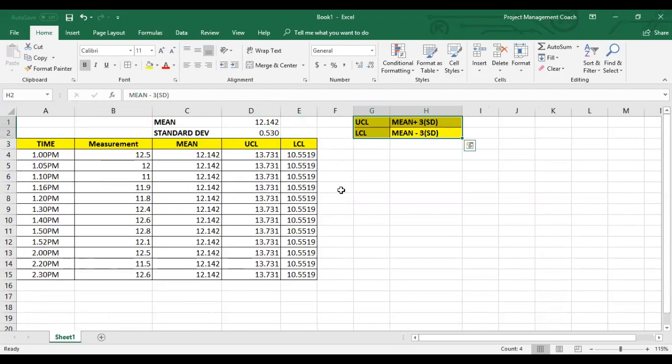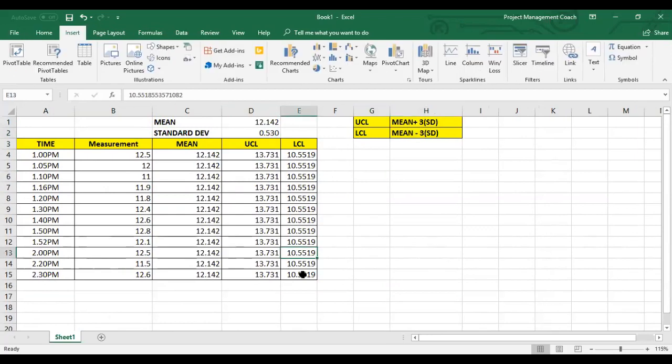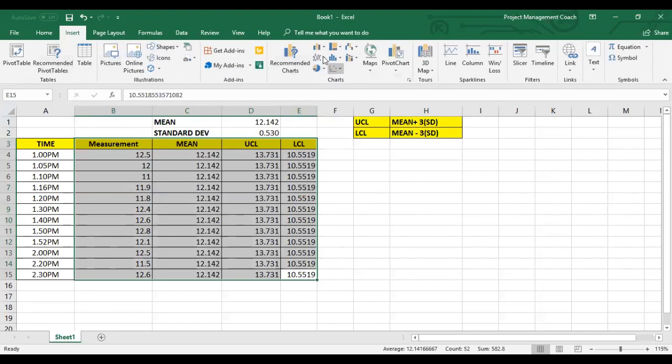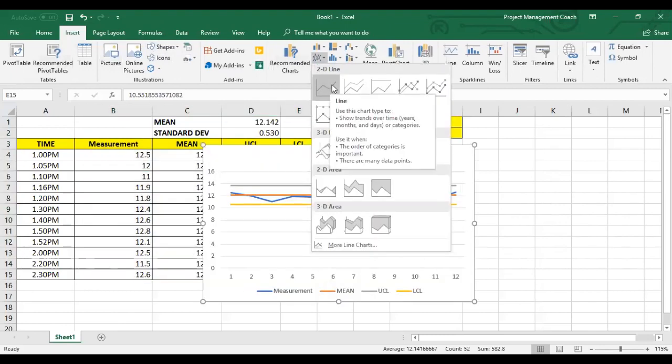Okay, and when you're done with getting these, let's select these and we can insert a chart. So this one, that one, or a line. Yeah, more like this.